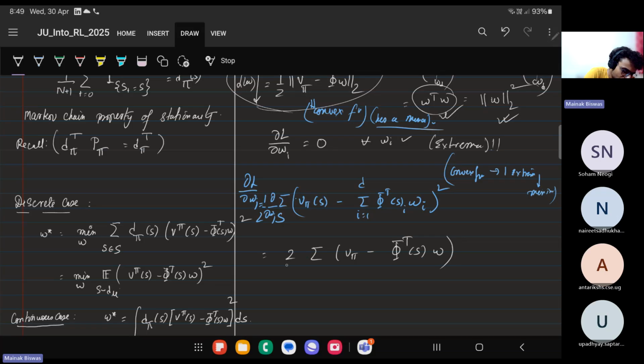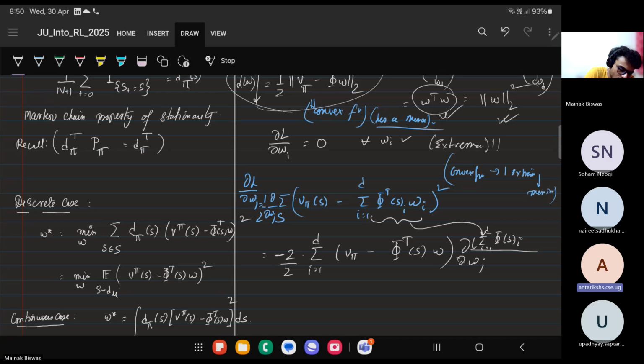Okay, 2 times this by 2 into the derivative of this function with respect to Wj. Yes or no? Do you agree? Yes, but for all i's which are not equal to j, it would become 0.